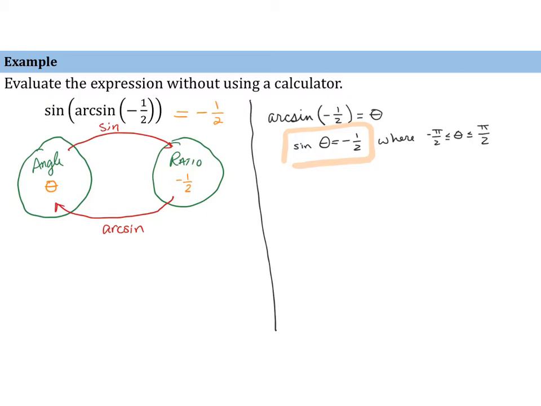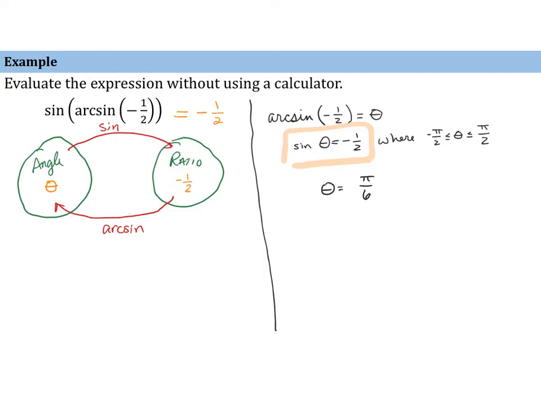So, what is the angle theta? The angle theta that we're looking for has to be between negative pi over 2 and pi over 2. But here sine of theta is negative, so that must mean that we're in the fourth quadrant. So the reference angle is pi over 6, if I just disregard the negative for a moment.